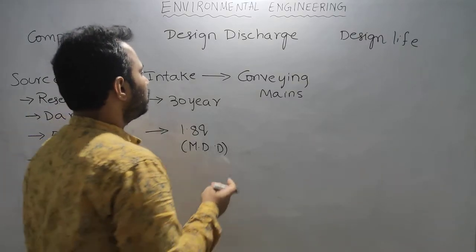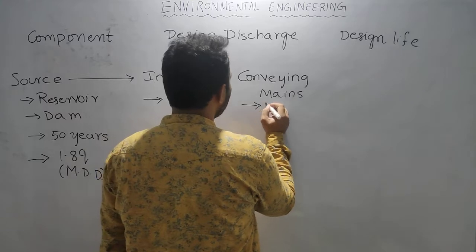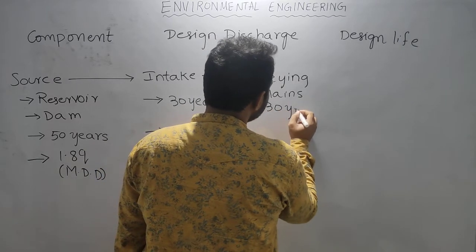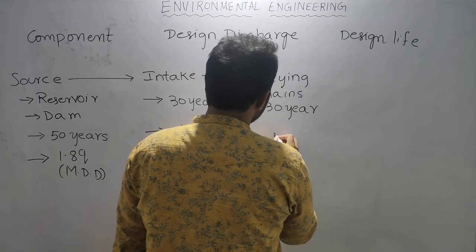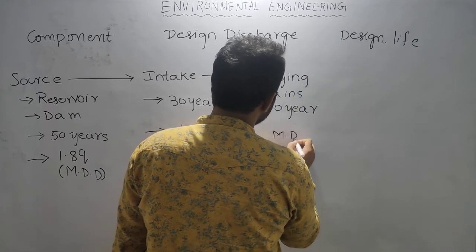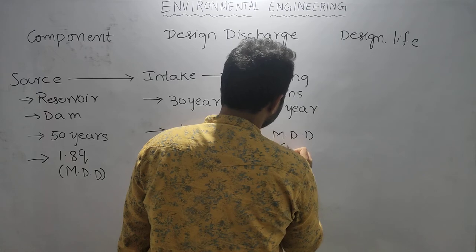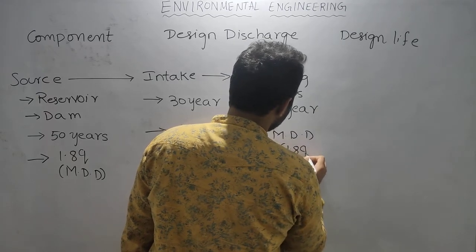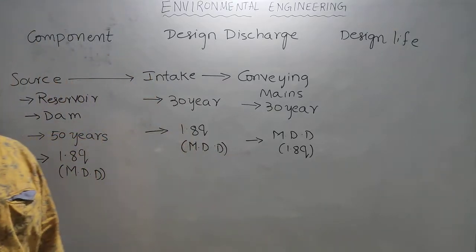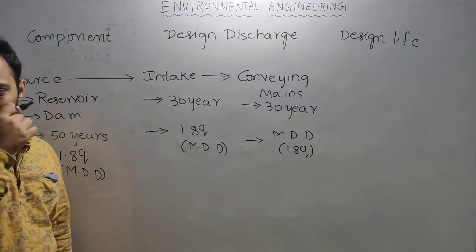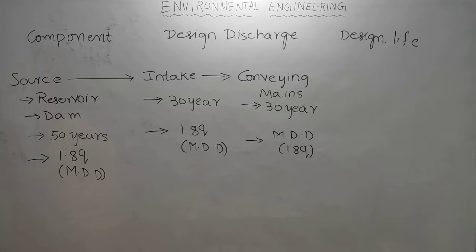Here this is also designed for a 30-year duration, and the design discharge is maximum daily demand, that is 1.8 times. Mostly all will be designed for maximum daily demand, only a few are designed for different discharges. We will discuss it.